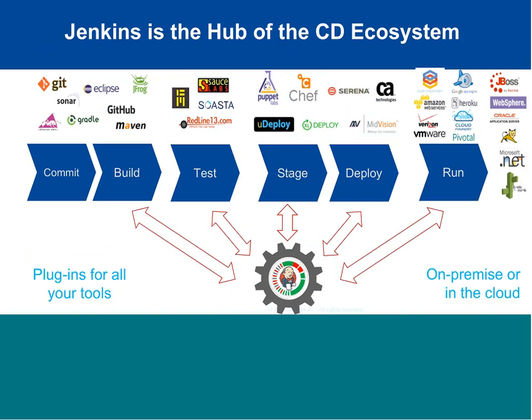Jenkins ultimately becomes the hub of your CD ecosystem, allowing you to not only integrate with your SCM tools, but with a variety of build tools, and then enabling you to integrate with solutions like SOASTA's CloudTest so that you can facilitate your performance testing early in your CD pipeline. And then ultimately, as you validate that product and ready it for production, you can rapidly deliver it to your customer.